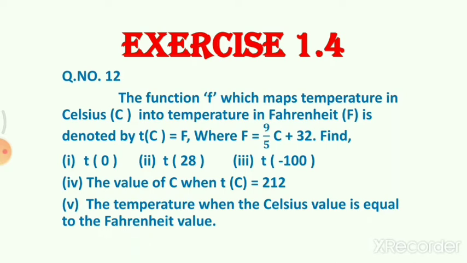Find: first, t of 0; second, t of 28; third, t of minus 100; fourth, the value of C when t of C equal to 212; fifth, the temperature when the Celsius value is equal to the Fahrenheit value. Now we are going to see the solution.